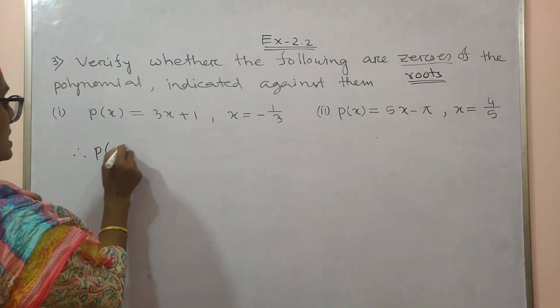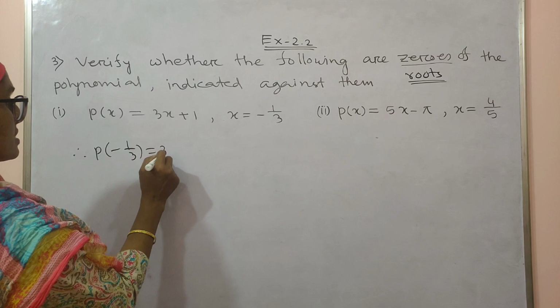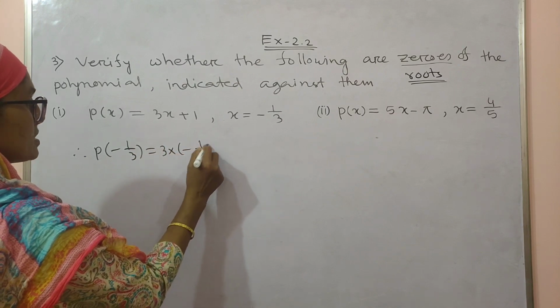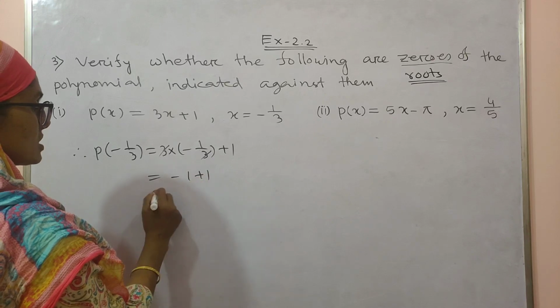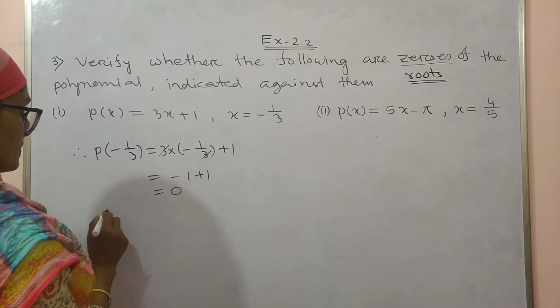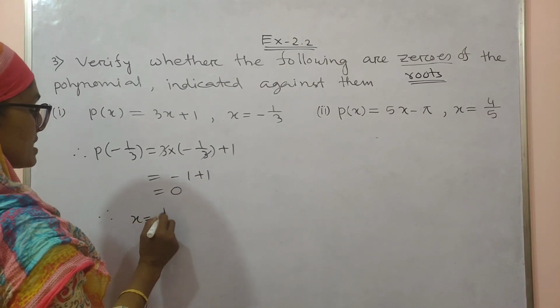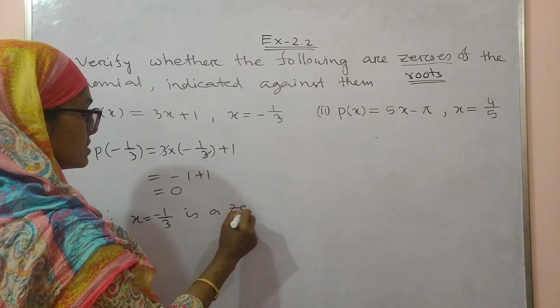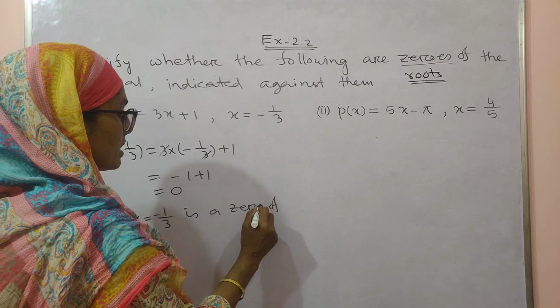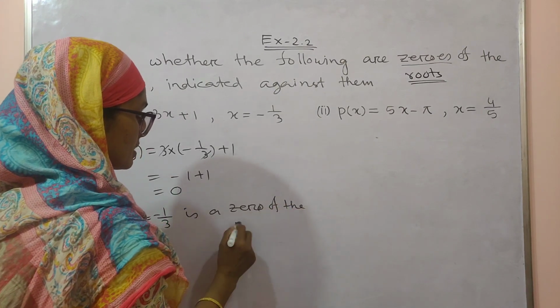So, p of minus 1 by 3, you can write 3 into minus 1 by 3 plus 1. 3 cancel, minus 1 plus 1 you will get 0. Therefore, x equal to minus 1 by 3 is a 0 of the polynomial.